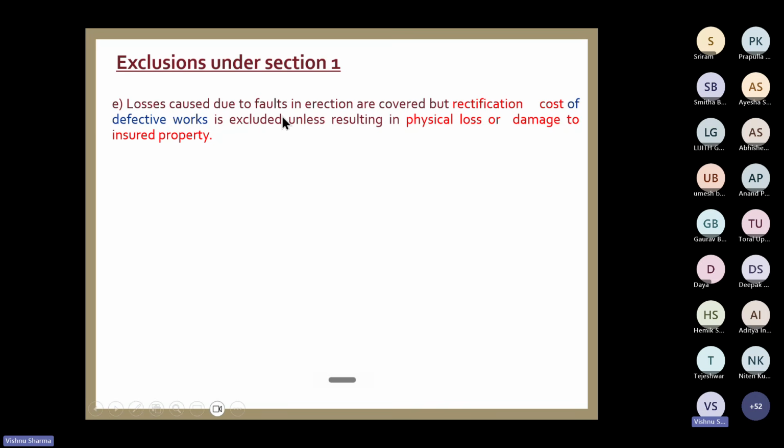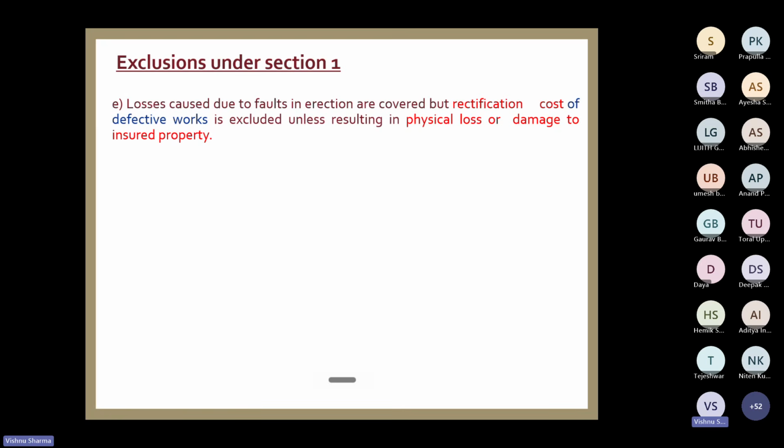So a genuine fault, without any bad intentions, if the employee has committed some error and which has resulted in a loss, it is payable. But say for example, there is no loss and it is not executed correctly, and it was found at the time of supervision or inspection that there is an error in erection.